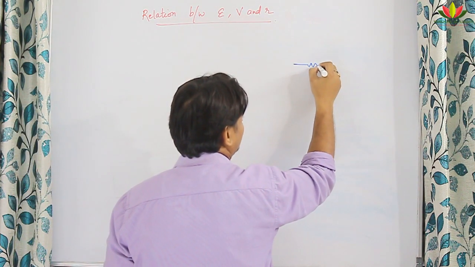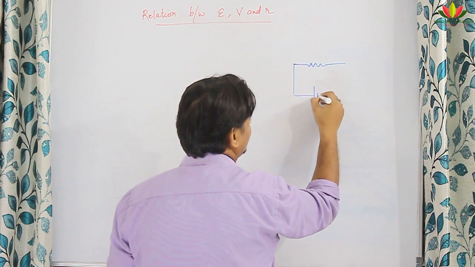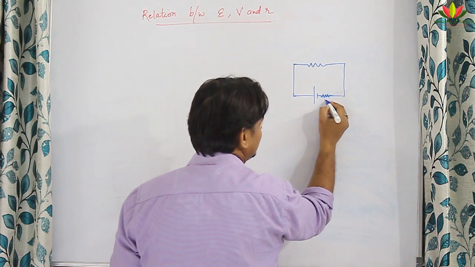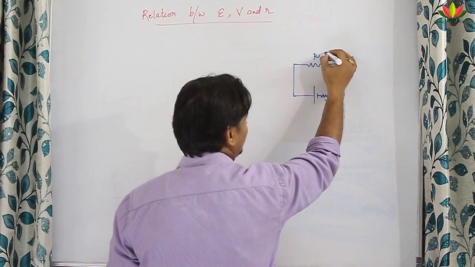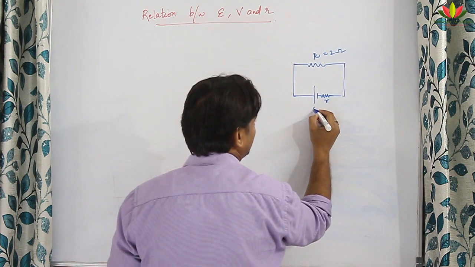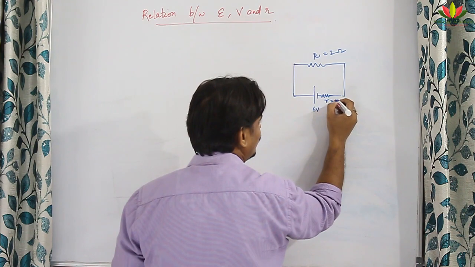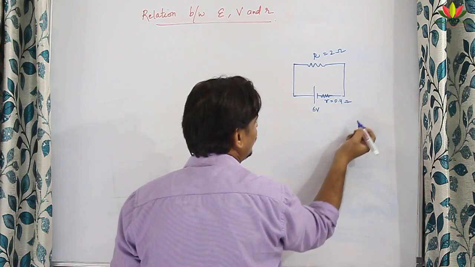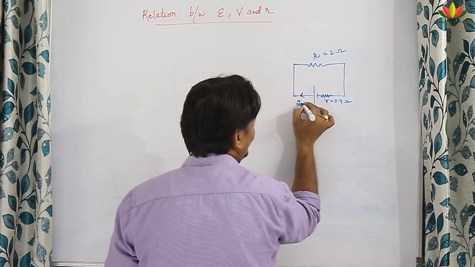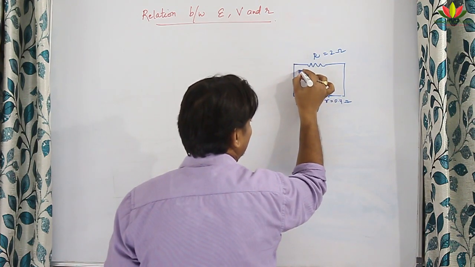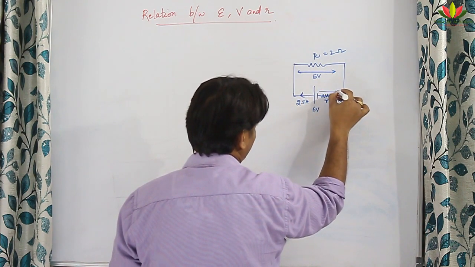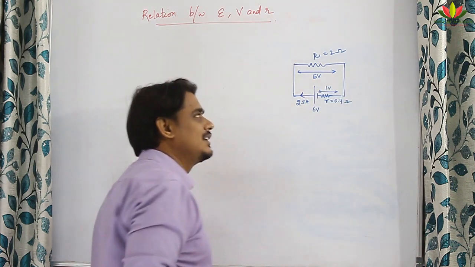I have taken a circuit with an internal resistance small r, and external resistance R. I took the example as r being 2 ohm, EMF of 6 volt, and R was found to be 0.4 ohm, and the current coming out was actually 2.5 ampere, and that is the reason this terminal voltage was 5 volt and this definitely was 1 volt. This is what happened in the previous case.